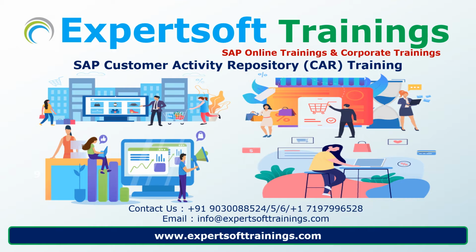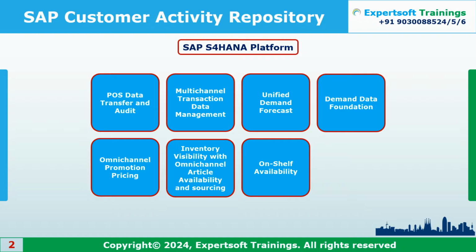So when we say SAP CAR, just to go back a little bit into the history of SAP CAR, initially when retail came, the challenge with retail was the data. In a manufacturing scenario, you will have a handful number of products.